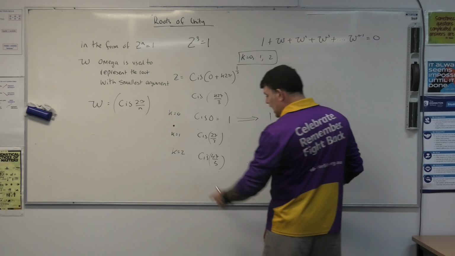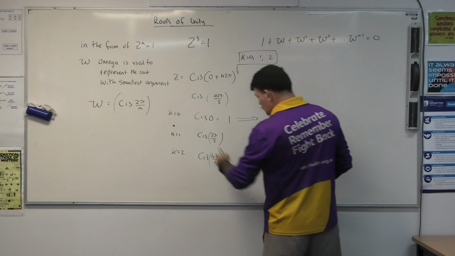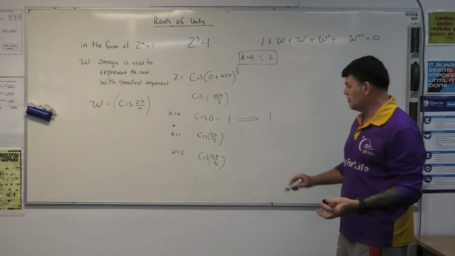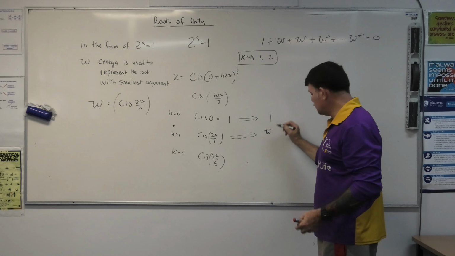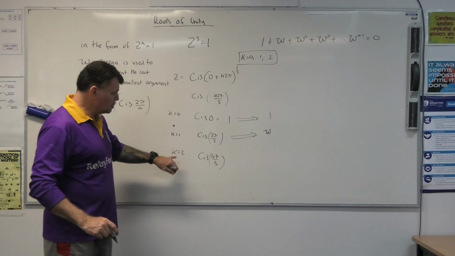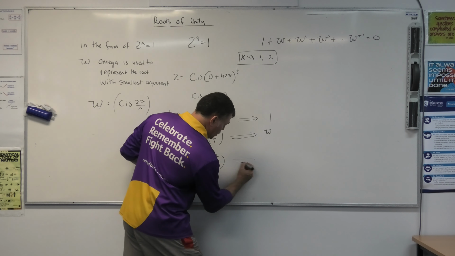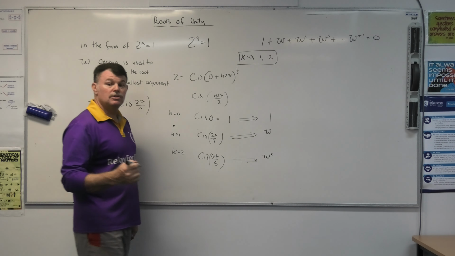When k was equal to 1, we had our smallest possible argument. So over here, our smallest possible argument will be represented by omega. And when k was equal to 2, this can be written as omega squared.